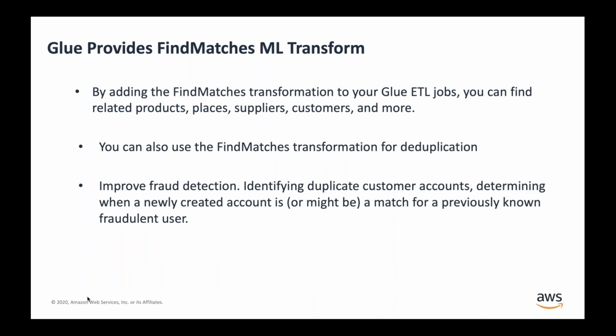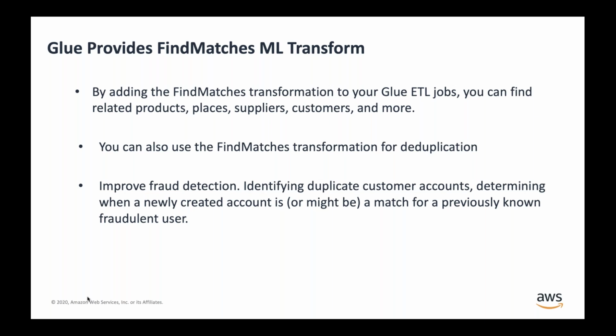I'll touch on this thing. There are a handful of transformations that Glue can provide out of the box. This one in particular is called find matches. The intention behind this transformation is to be able to find related products, places, suppliers.